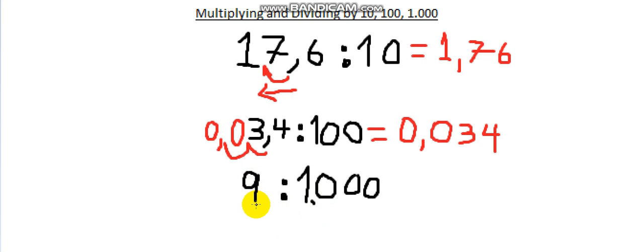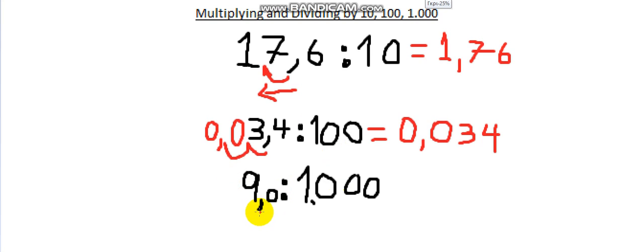Now this is not a decimal number, meaning that it has no comma for me to move. So I'm going to do something that we've showed in the past few weeks, I can put a comma here and turn this natural number into a decimal number by putting in 9.0. And now I can move it to the left like I'm supposed to.